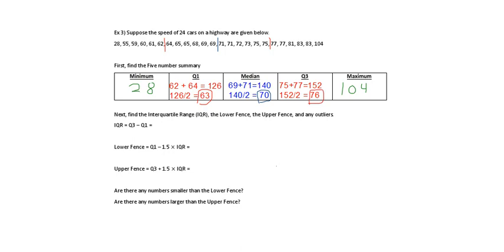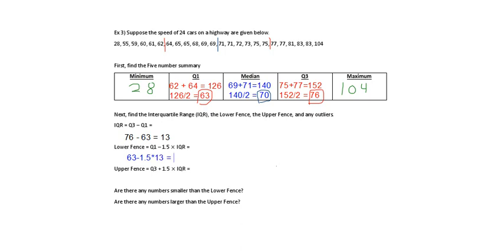So our 5-number summary is complete. Now we're ready for outliers. The first step of that is finding the interquartile range. So for that, we're going to do 76 minus 63, which is equal to 13. Now we can find the lower fence. The lower fence will equal Q1, which is 63, minus 1.5 times 13.